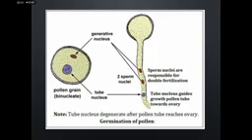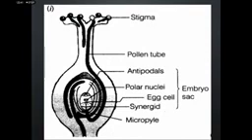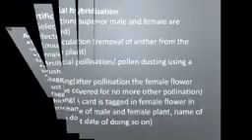That chemical is produced by the ovary, and through the passage, that means through the tube, the generative nucleus moves. As it moves through the tube, it splits into two and produces two male gametes. Ultimately these two male gametes enter the embryo sac.